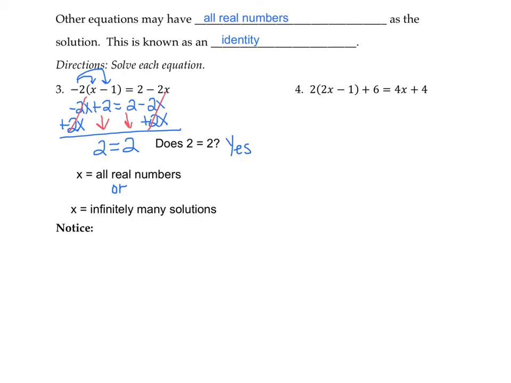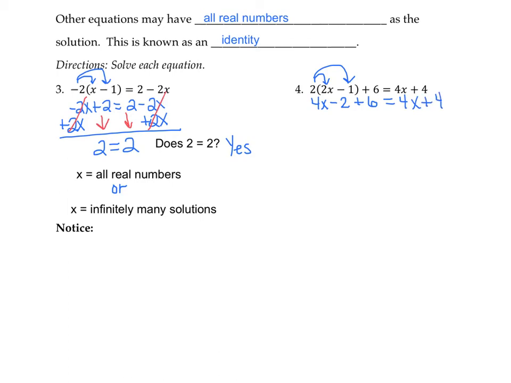We have 2 times 2x minus 1 plus 6 equals 4x plus 4. Your first step is to distribute 2 to the 2x and 2 to the negative 1. So 2 times 2x is 4x. 2 times negative 1 is negative 2, plus 6 equals 4x.